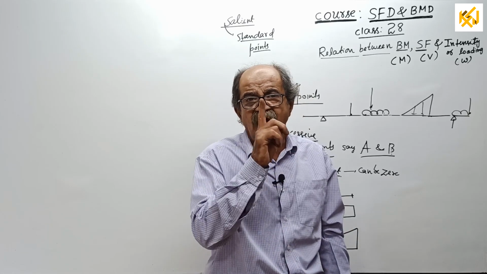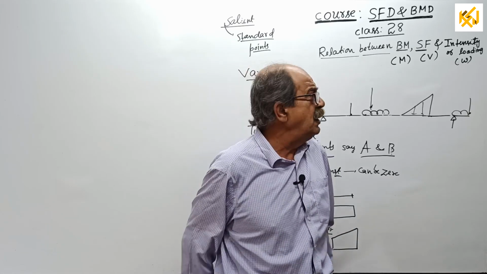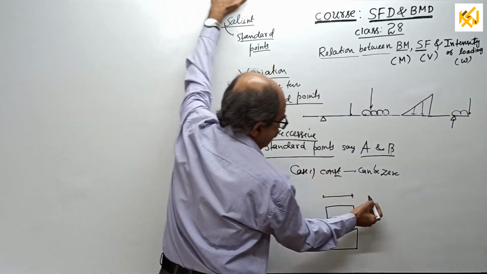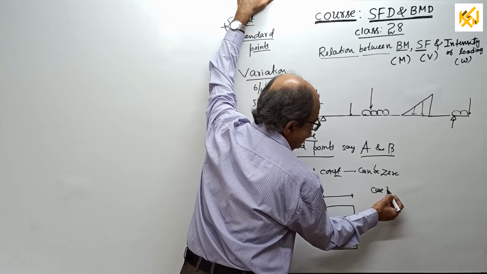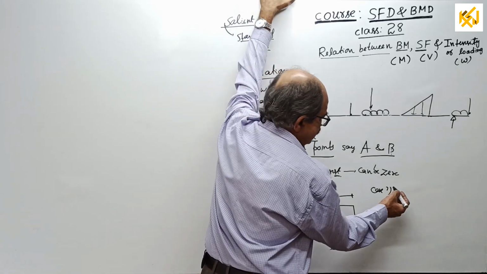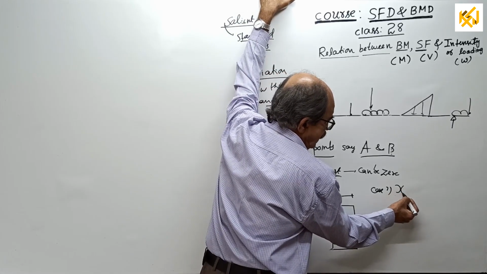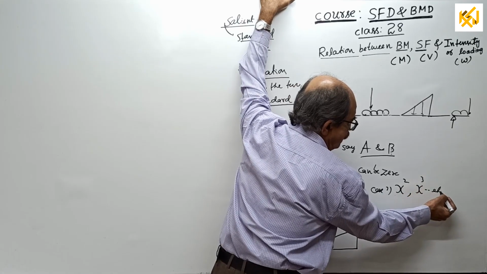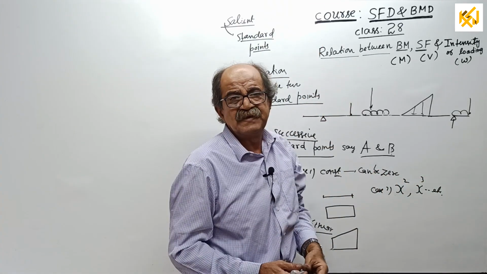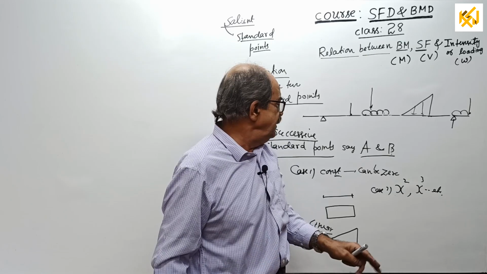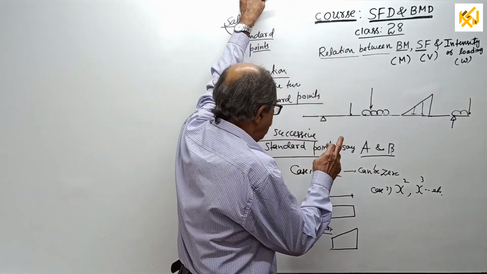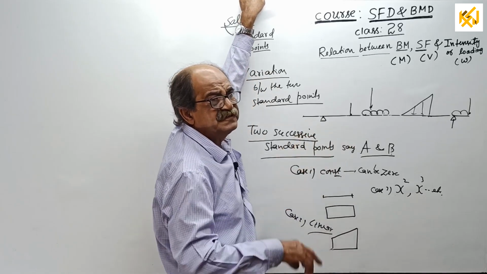Trouble starts for many people when the variation is of higher degree. I will go for case 3, that is x square, x cube, etc. Suppose you take a section at x from any point and write the expression for SF and BM in terms of x.